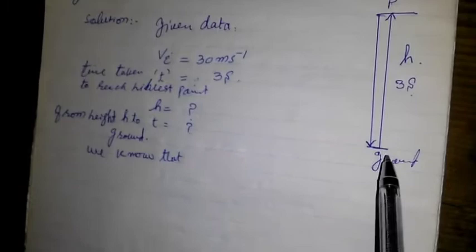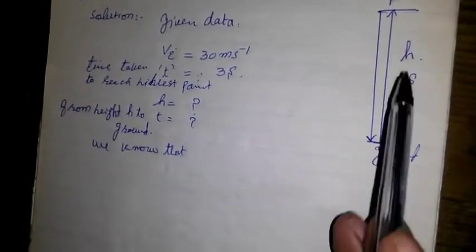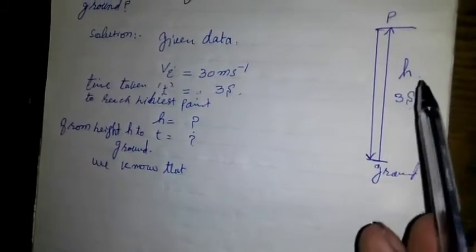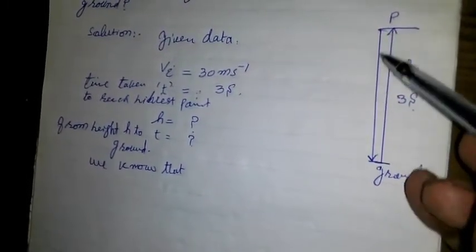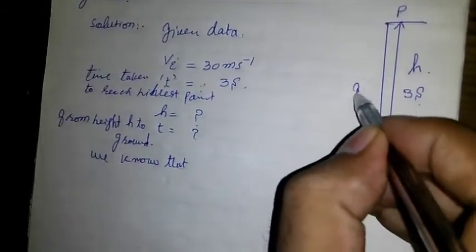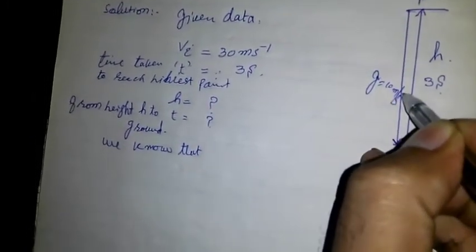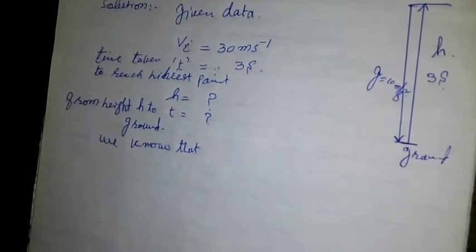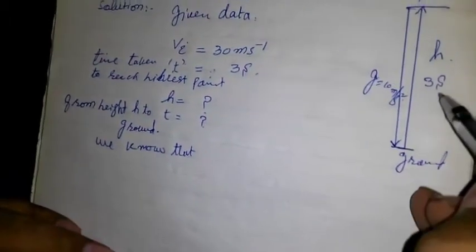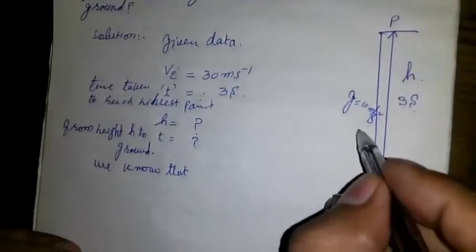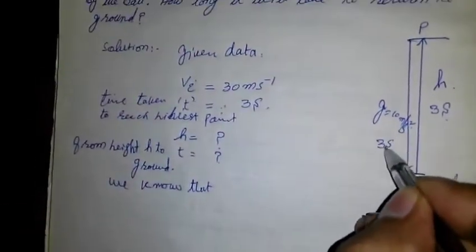When bodies are falling from a height, the bodies will fall with a uniform acceleration. G is equal to 10 meter per second squared. So the time going upward is equal to the time going downward. It is also 3 seconds.